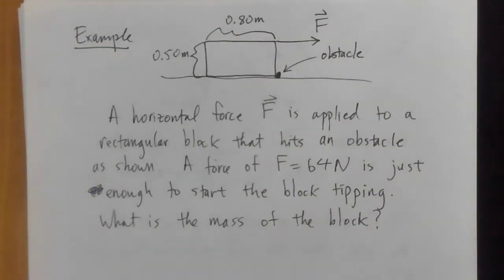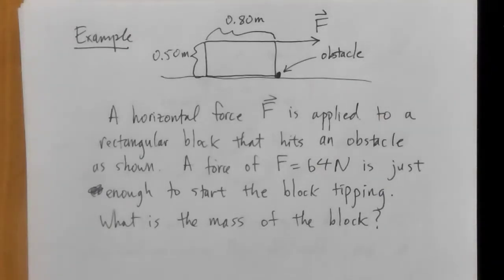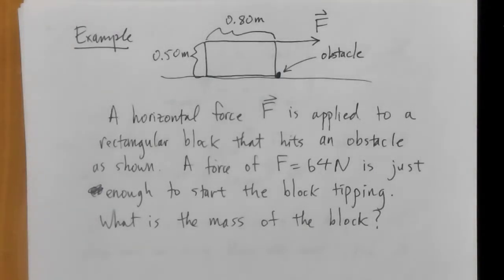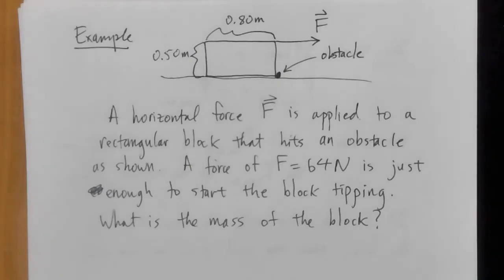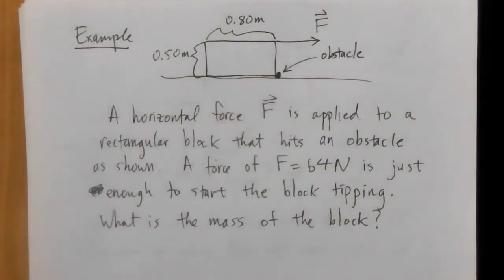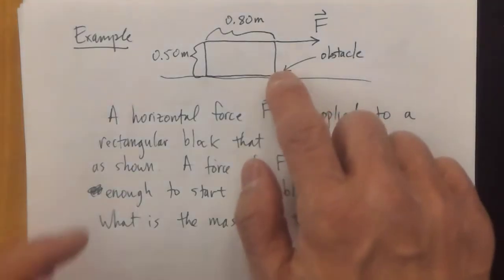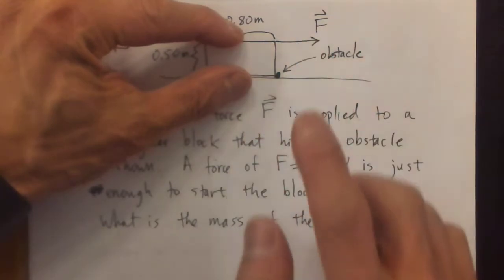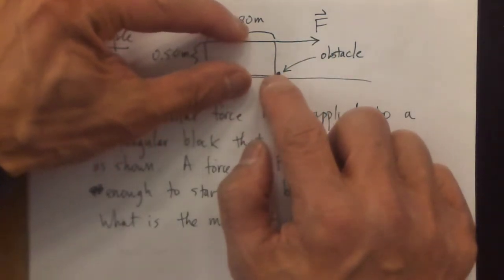All right. So does it seem like you don't have enough information to solve this problem? A little bit, right? Let me try to convince you that you do have enough information. What's very complicated about this problem is this obstacle here. First, let's figure out what exactly is being stated. You have this rectangle, and you pull on it with this force of 64 newtons, and it's starting to tip.